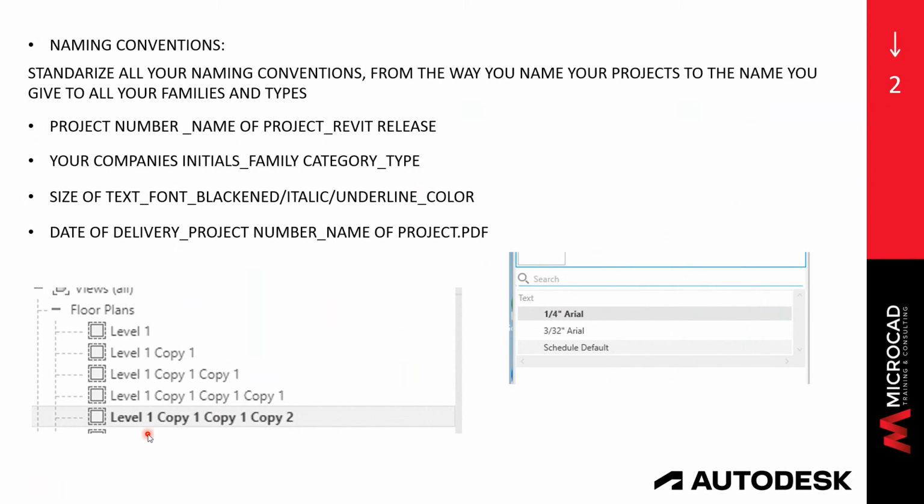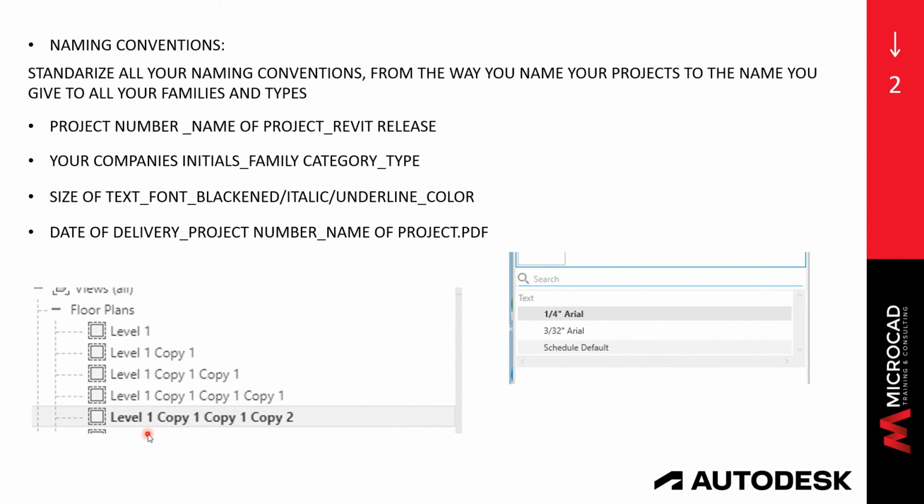It really takes away from your productivity when you are not very neat and tidy and organized. The minute you duplicate a view, and that's the way I teach it to all my students, however you duplicate that view, please give it a name. You always have to keep in mind that somebody else is going to open that project, and that view needs to tell them what it is, what is represented in that view.